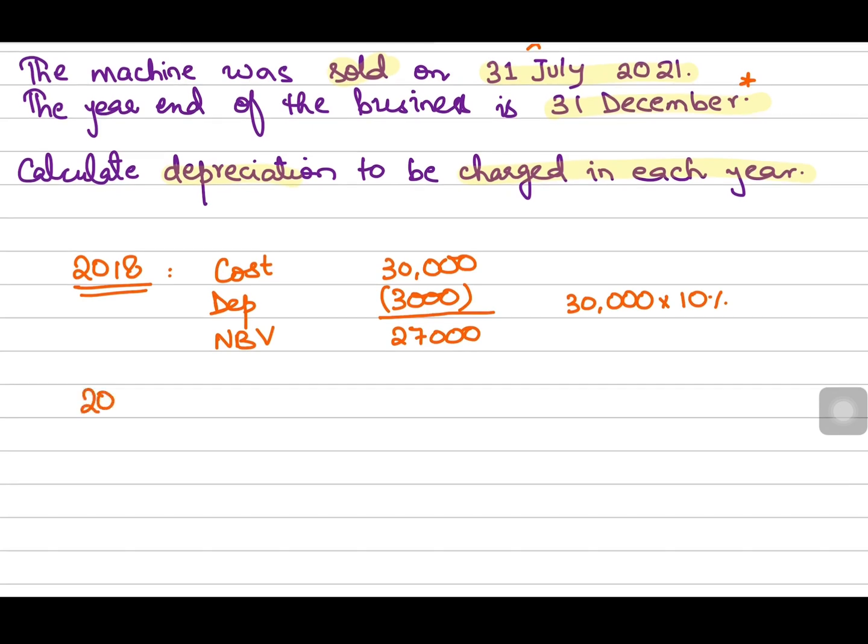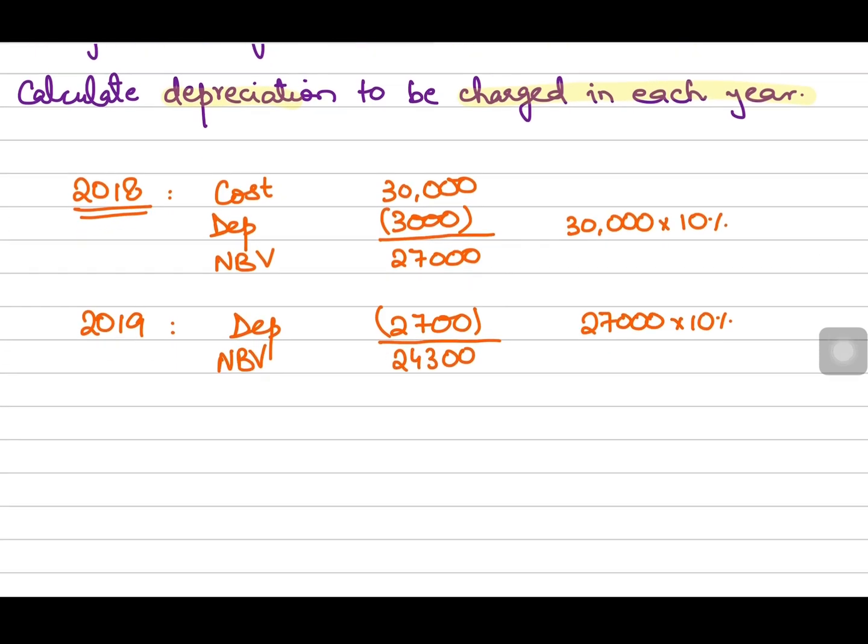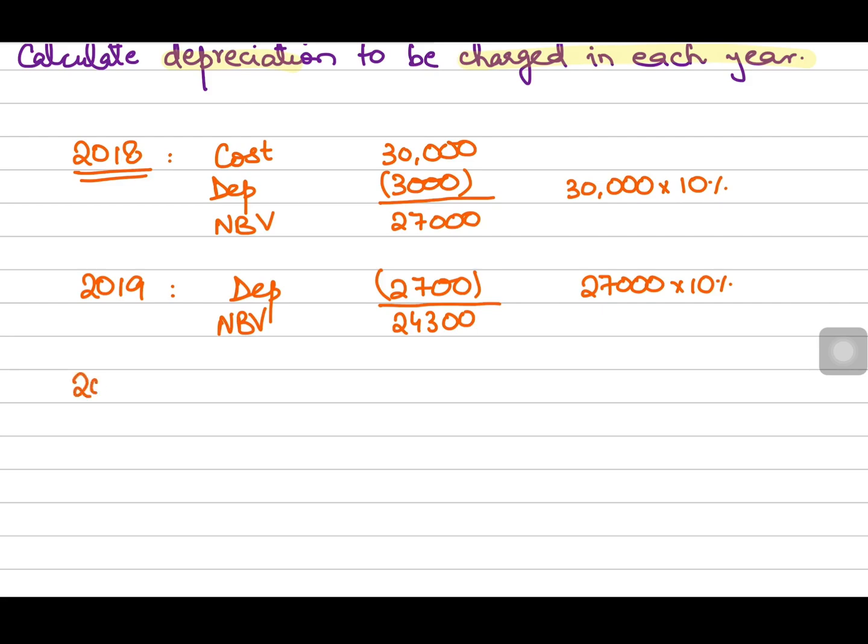Now, let us move to year 2, that is 2019. My depreciation in this year will not be on the cost but on the net book value. So, $27,000 multiplied by 10% will give me a depreciation of $2,700. This means that my net book value will be $24,300. Okay. Now, let us move to year 2020.